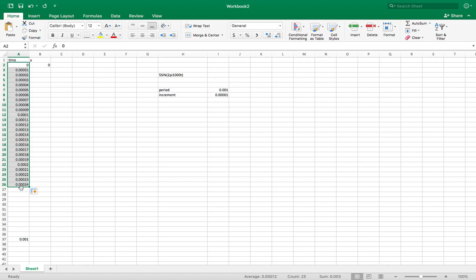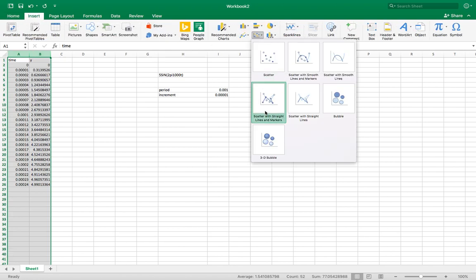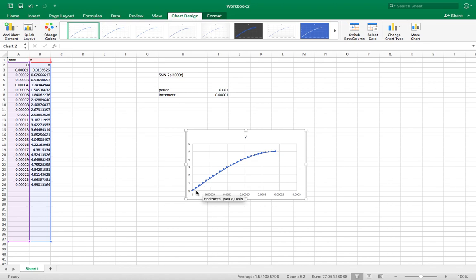And remember, I need to go all the way from 0 to this period in order to graph a full sine wave. If I didn't go all the way down here, if I just stopped here and plotted this many points and made a chart, I've only started to plot a sine wave.